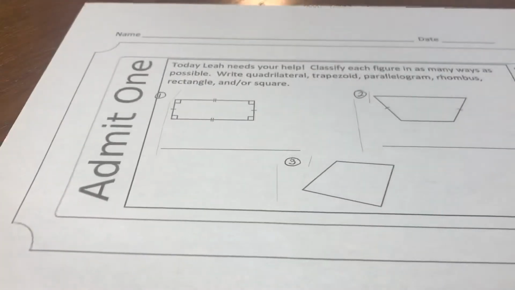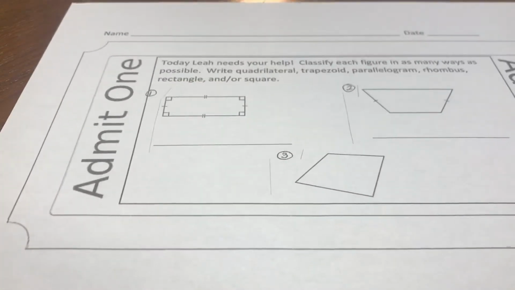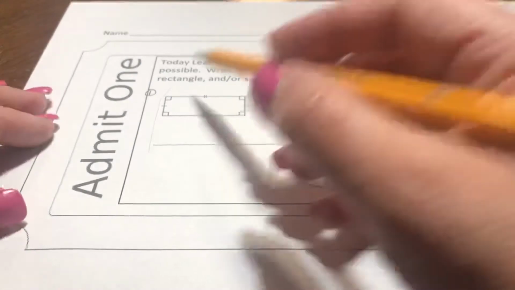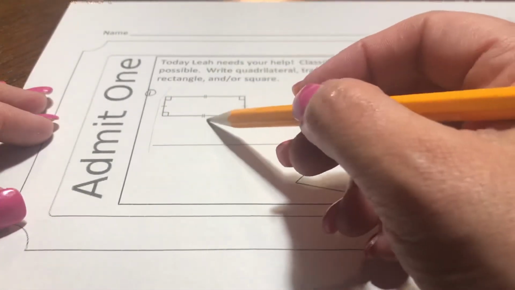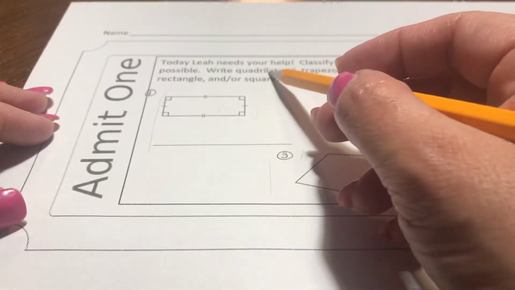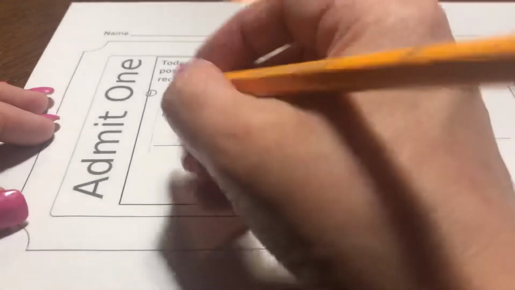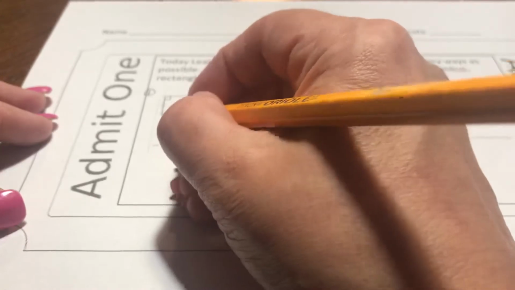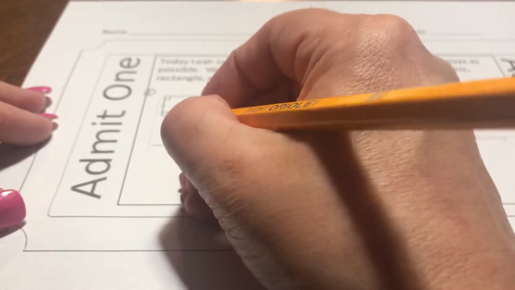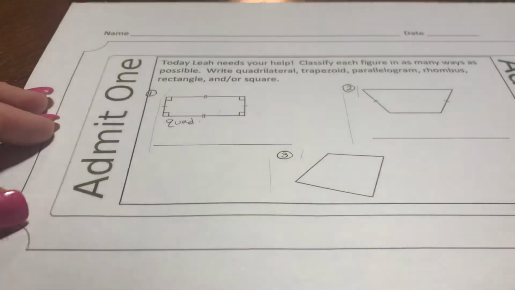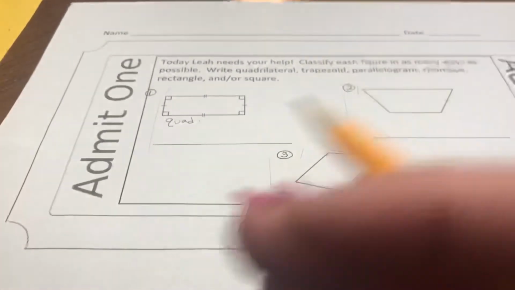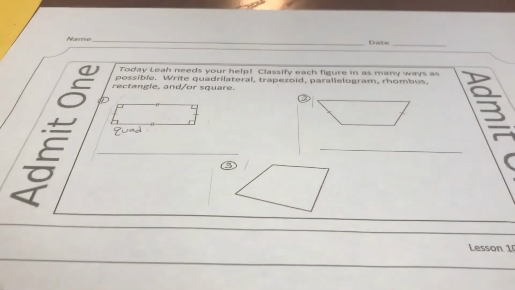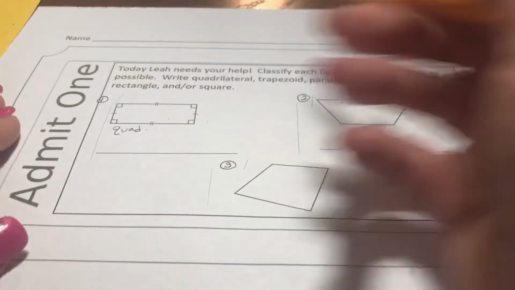All of that took 3 minutes, but let's go. So number 1, well, obviously I can very well see that it is a rectangle, but I'm going to start from the top and work myself down. So the first thing it is, it's a quadrilateral. I'm going to abbreviate. Okay, it's a quad. Then, of course, if it's a rectangle, and I have my reteach sheet right next to me because I like to keep my resources out so I can use them.